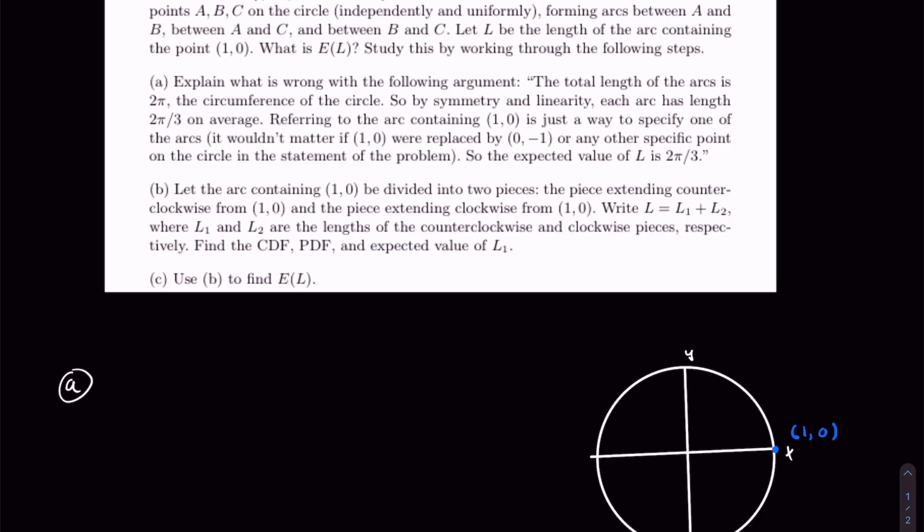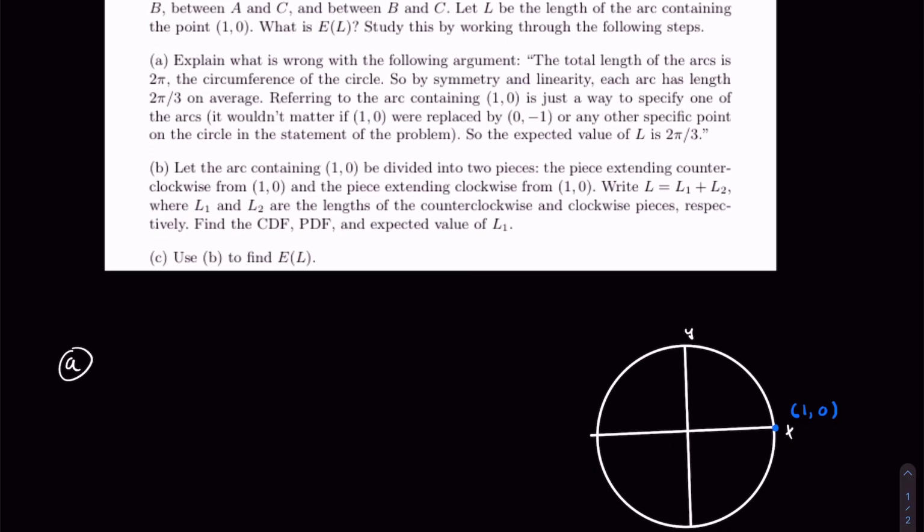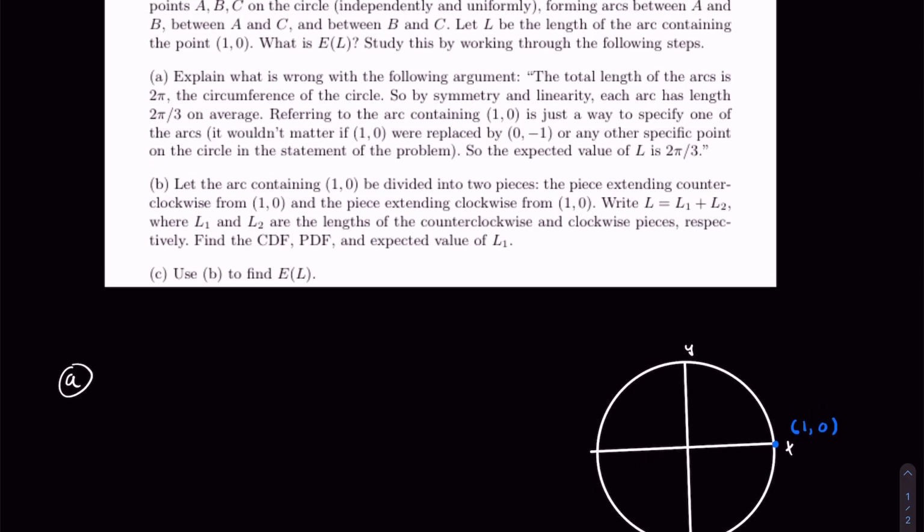Let's think about A and B. Let's say we drew point A and it landed here. Then we drew point B and it landed somewhere there, and then we drew point C. So now we have an arc going from A to C, like that.